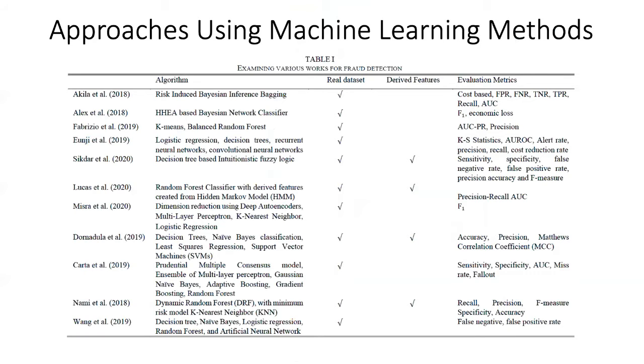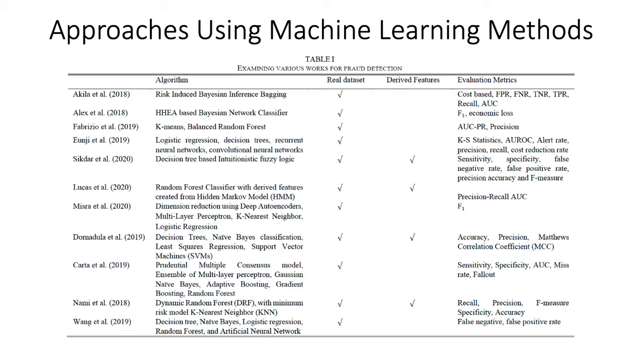This table examines how the papers written between 2018 and 2020 are structured based on their algorithm use, whether they use a real data set or not, whether they derive the limited features and use other features there, and how they are categorized based on the evaluation metrics.